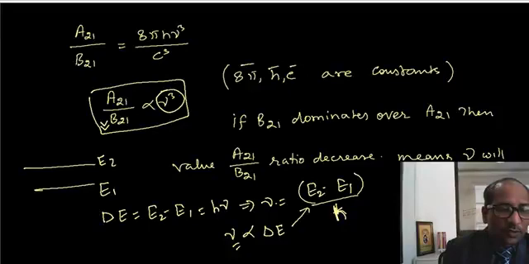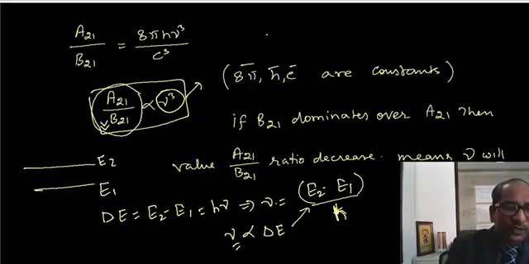We want B21 to dominate, so it means this nu cube result will be smaller, so nu should be smaller. So the energy gap between E2 and E1 should be reasonable according to the output of the laser. So we have to check that point. This was related to the Einstein coefficients.